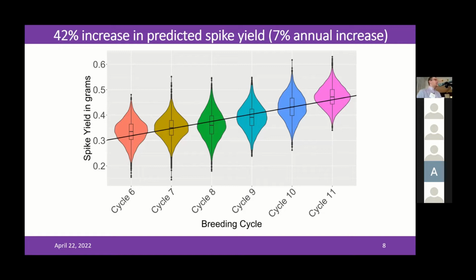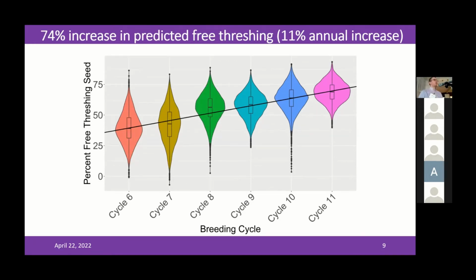And it ends up being, over those cycles, basically a 7% annual increase in spike yield. Another big trait that's been mentioned is free threshing. We want a higher free threshing. These are the same type of graph with the cycles on the x-axis. Our free threshing is increasing at about an 11% rate per year. So this data is very promising. It looks like we're moving in the right direction.